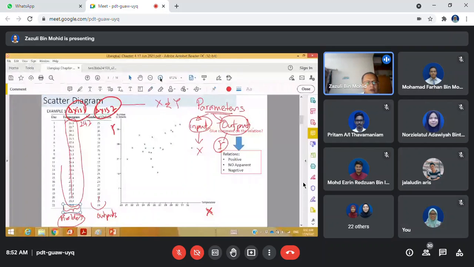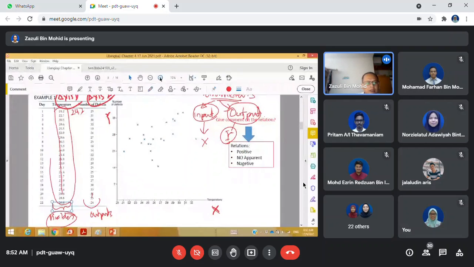In this data, the maximum is 32, and the smallest one is 22.7. So this temperature is not arranged in sequence.